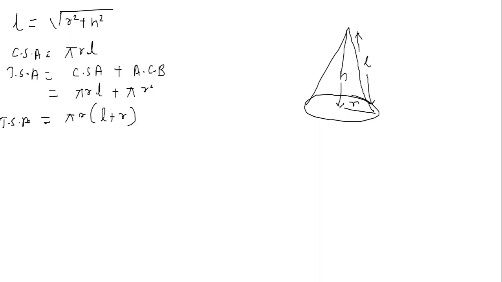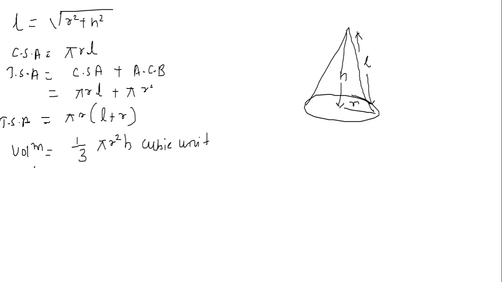Okay, and one more important formula on which we have not taken a question, but a question may be asked on this, that is volume is equal to 1/3 pi r square h cubic unit. So what is the volume? Basically we are calculating the volume of the cone, where r is the radius of the circle and h is the vertical height of the cone.